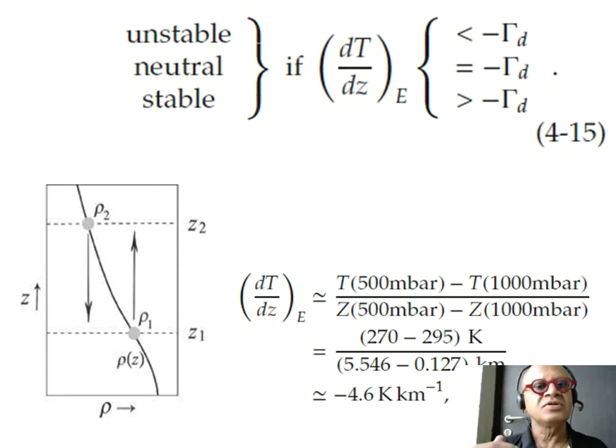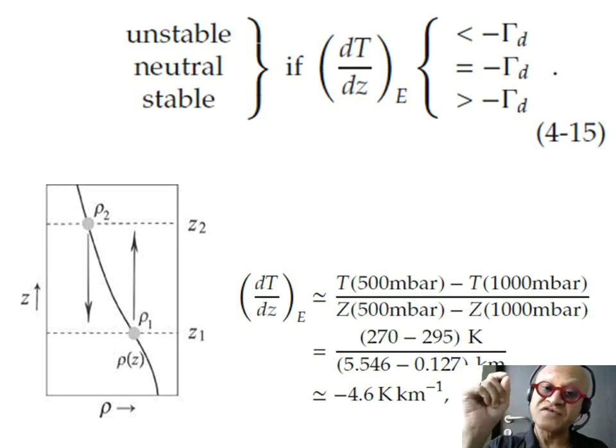So you can split the atmosphere into temperature or pressure, but temperature is not conserved, so we go with pressure, which makes life easier in many ways. We'll see later on. So 500 millibar minus 1000 millibar divided by height of the 500 millibar. What does it mean? That means the height of the 500 millibar pressure surface.